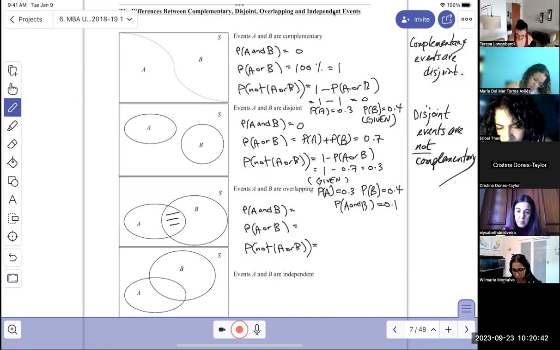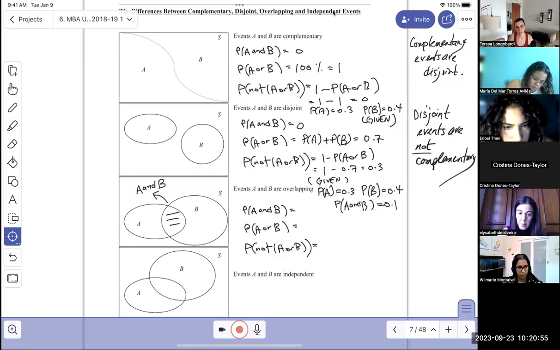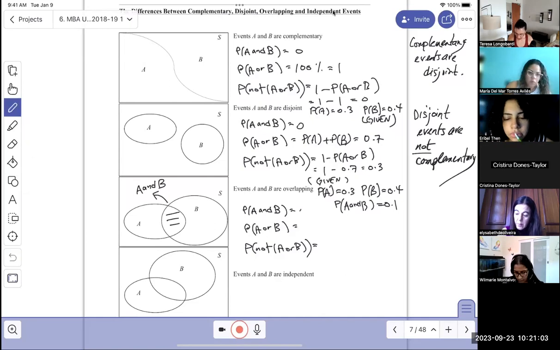This overlapping part is called A and B. First time I mentioned. So I take it from my givens that this is 10%.